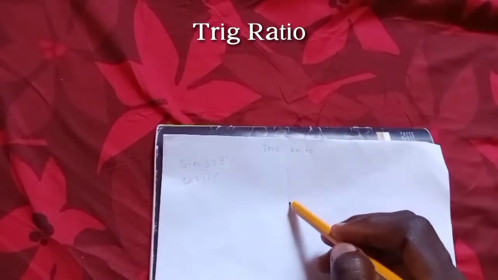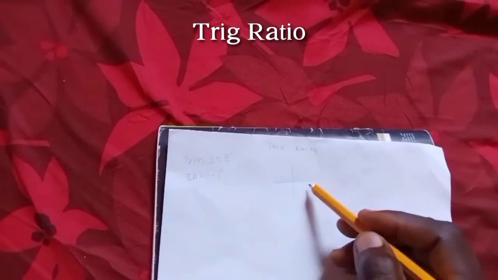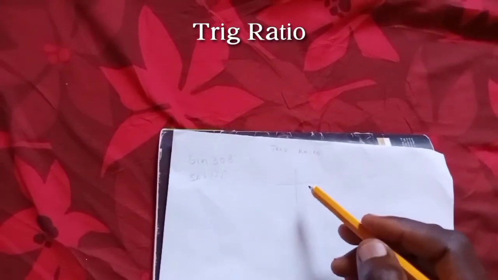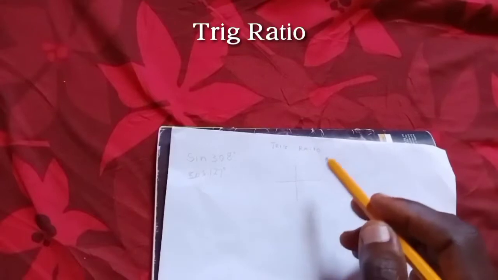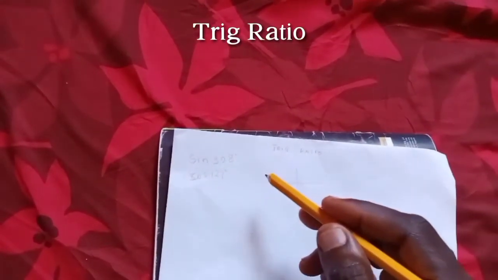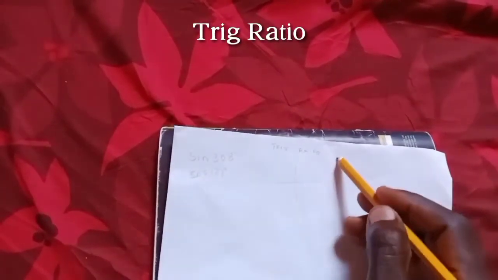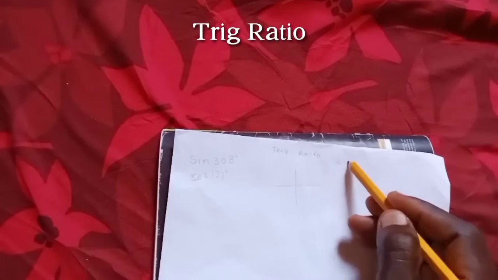There is this quadrant, a quadrant that is divided. We have an acronym to remember where sine is positive, where cos is positive, and where tan is positive. We call that acronym ACTS.